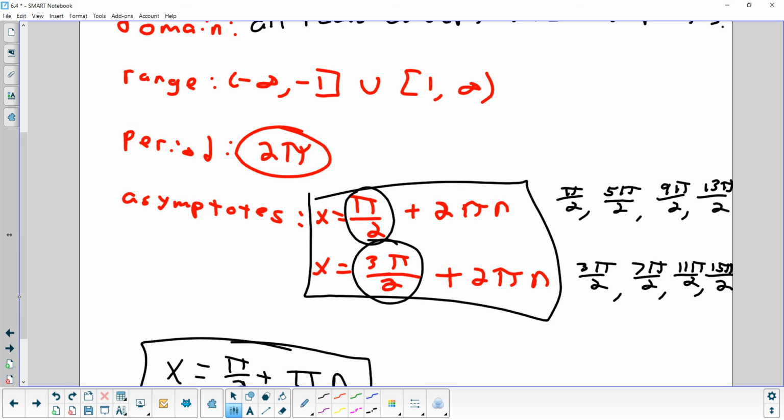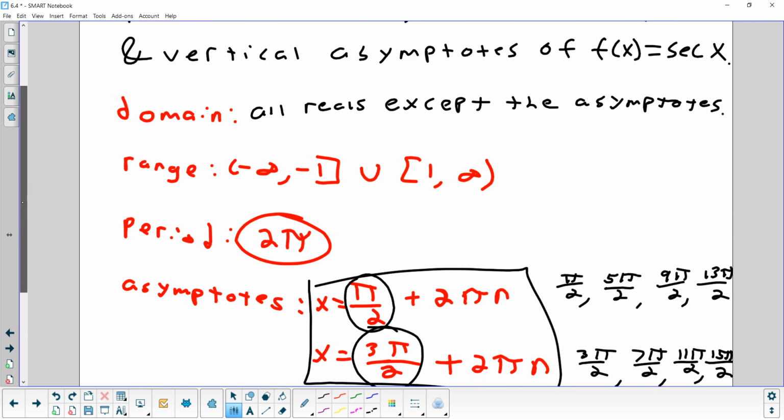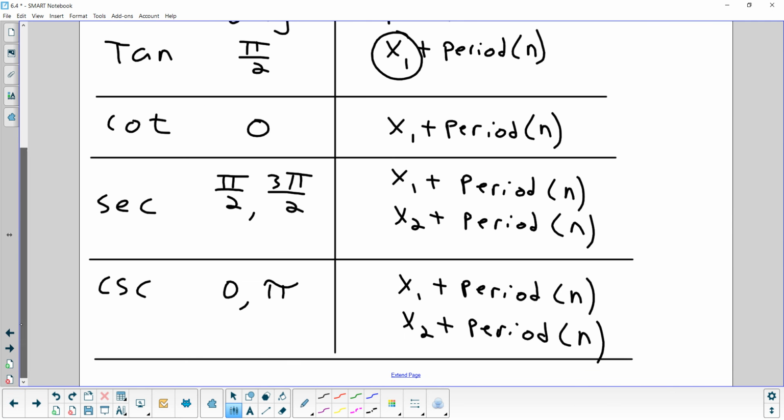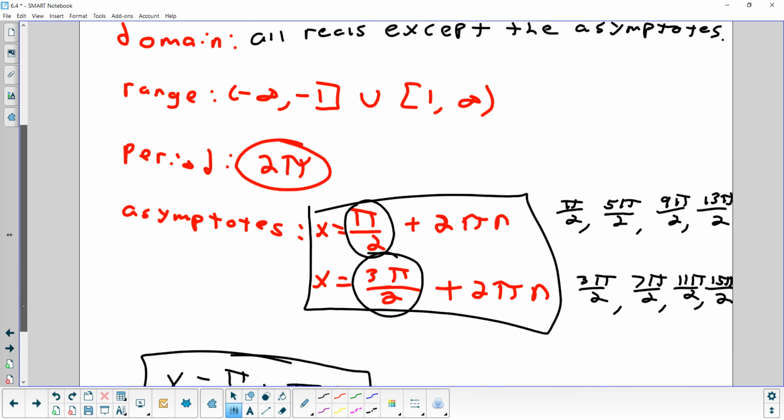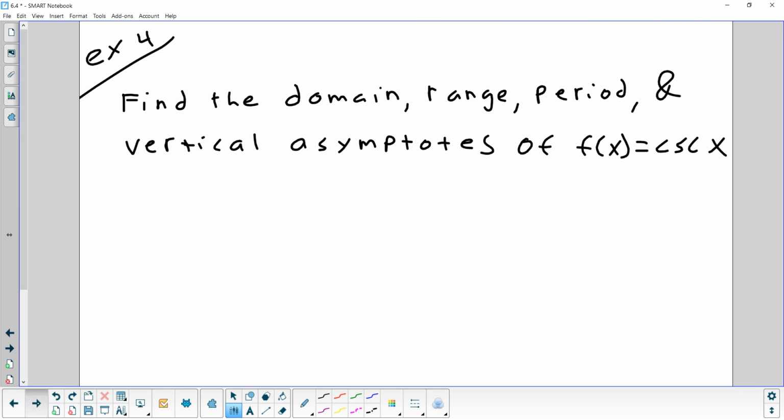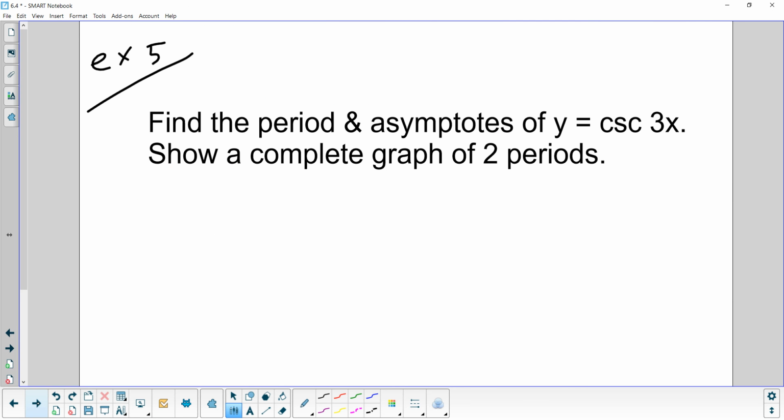Instead of saying pi over 2 and 3 pi over 2, because we did secant, you would put in 0 and pi for cosecant. But that's the only thing that would change. Any question on that? Okay, so we'll skip that.